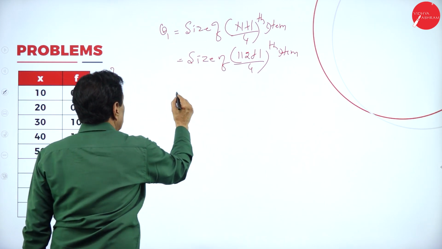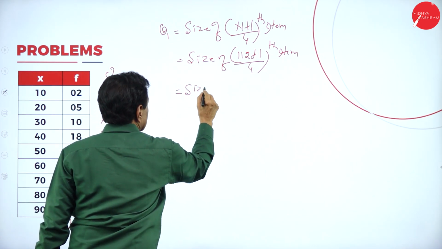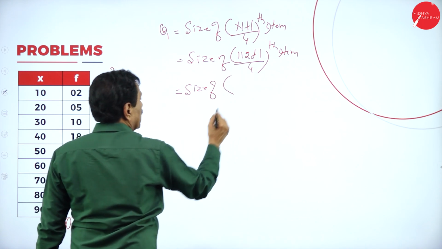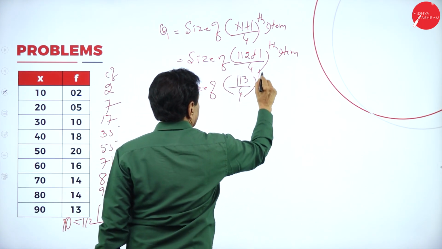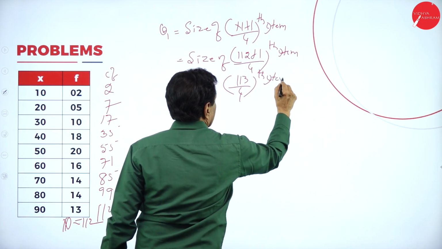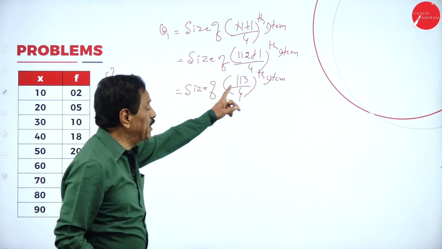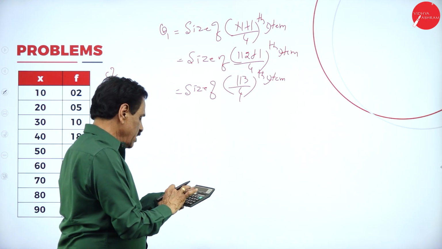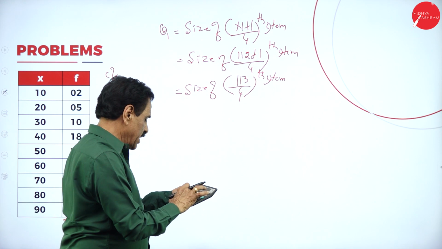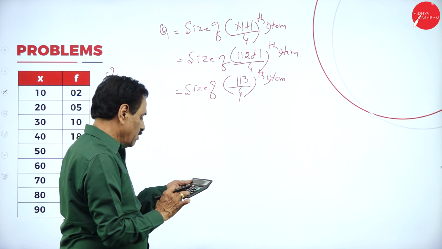This is the size of 113 divided by 4th item. Your total is 112 plus 1, which is 113.